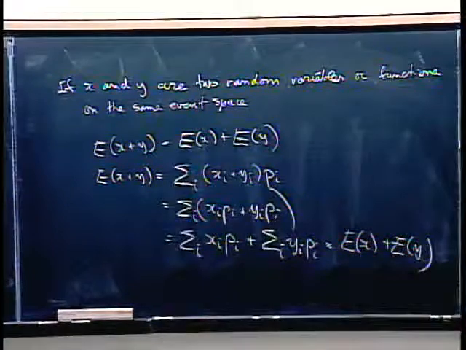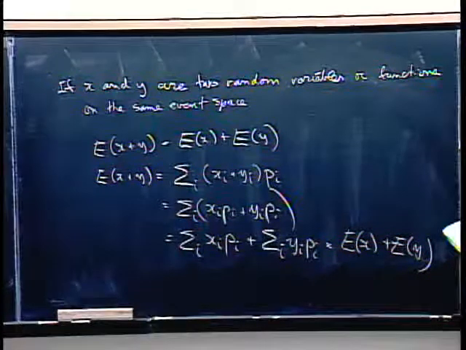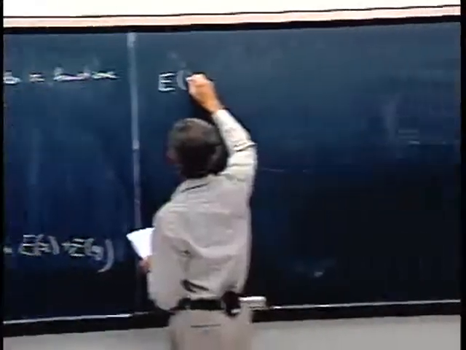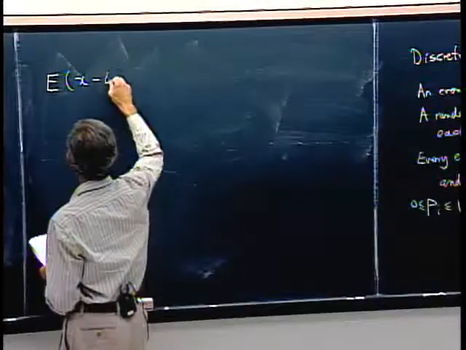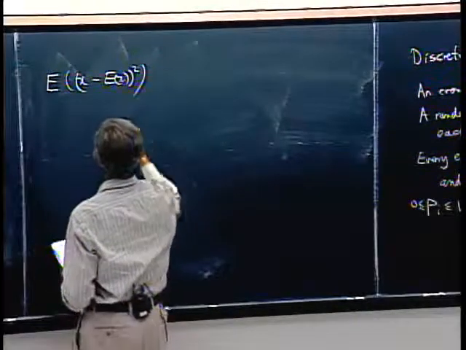Okay, so if you believe that proof, I could get another formula for the variance. Because what I'm going to say is the expectation of the quantity x minus E of x squared.